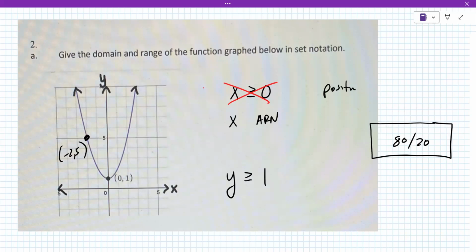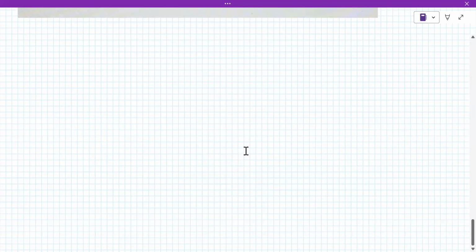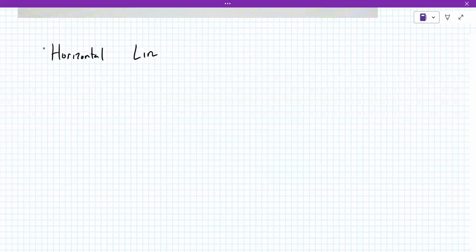All right, let's try another one here. Actually, let's transition to the next topic. Let's look at a horizontal line and then a vertical line. So let's look at y equals 2.